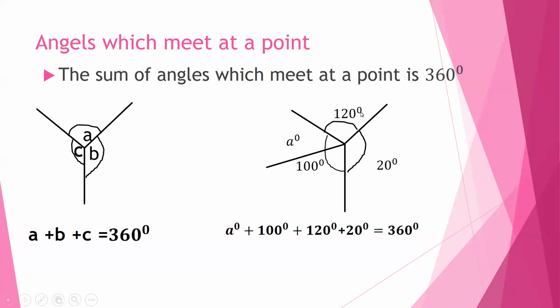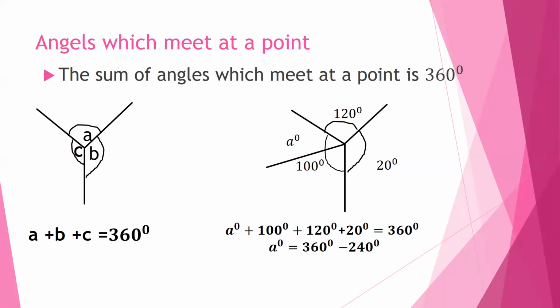So we have another example here where we have four lines meeting at a point. And when you add all these four angles, you should get 360. Here, one of you reached out to me and noticed the summation here, and I was grateful for that.